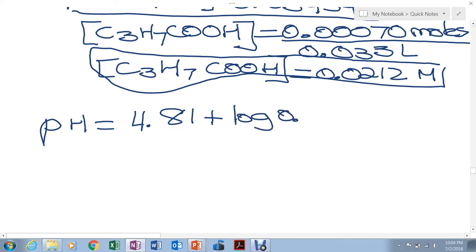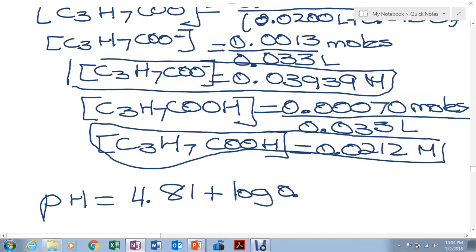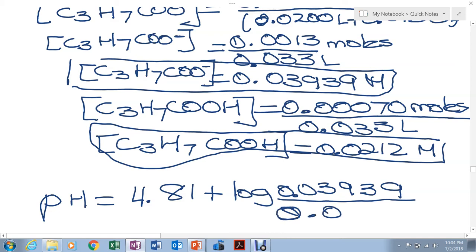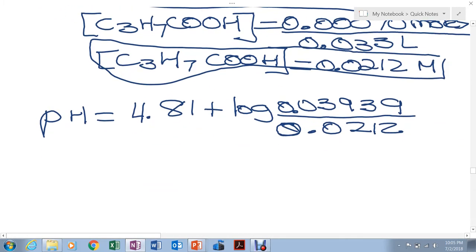The concentration of the base, 0.039 M, which we're going to cancel out, divided by 0.0212. And that gives me that the pH is equal to 5.079, 5.08.